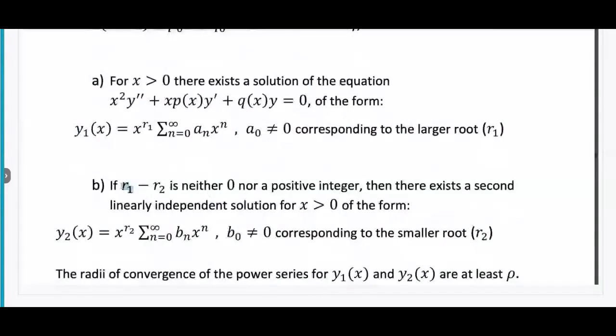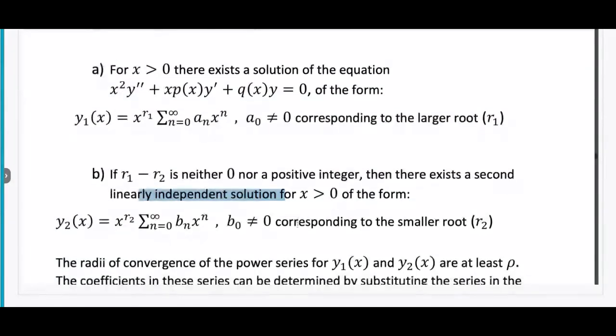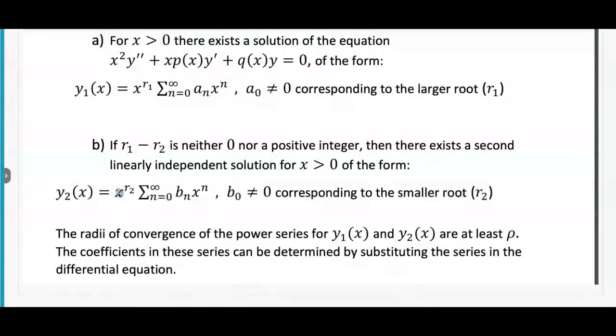If R1 minus R2 is neither 0 nor a positive integer, then there exists a second linearly independent solution for positive x of the form x raised to R2 multiplied by the power series, with b naught not equal to 0, corresponding to the smaller root R2.